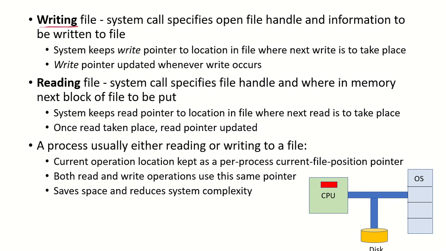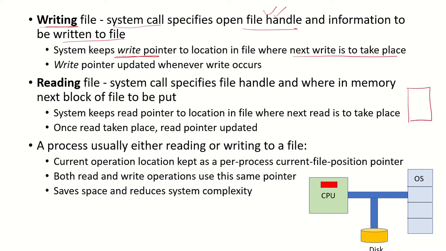If we want to write into the file, the system call will specify the open file handle and the information to be written into the file. So the file handle will have to be given to this system call for writing, and using this identifier, the opened file can be written into. The system will use a write pointer to the location in the file where the next write is to take place.